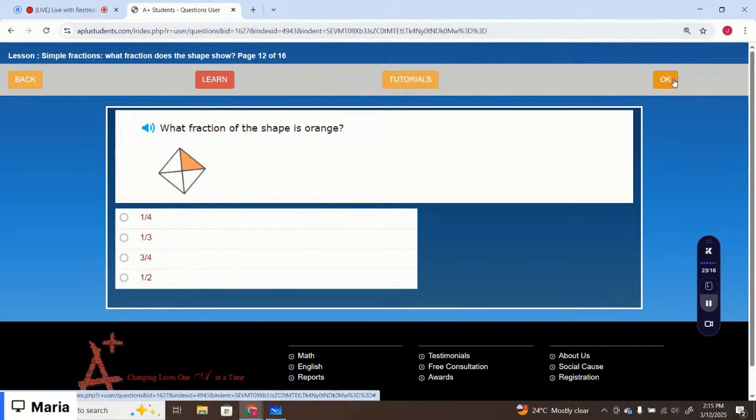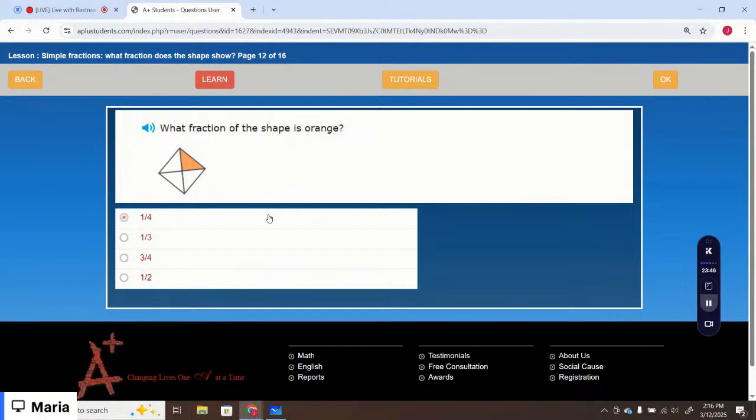What fraction of the shape is orange? That is 1 out of 4. Option number 1 is the correct option.